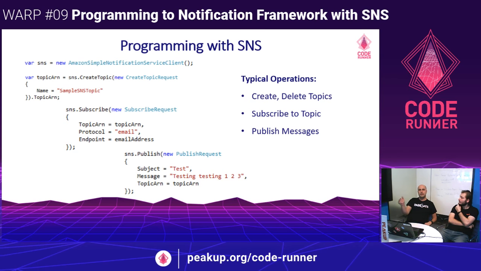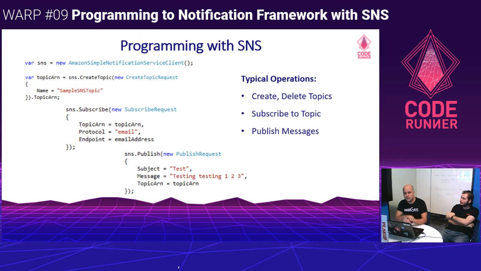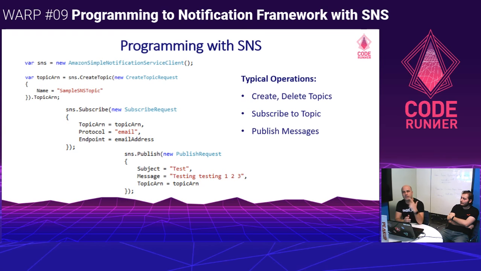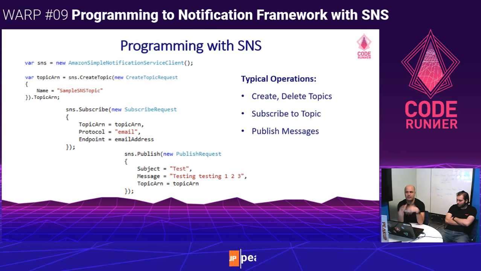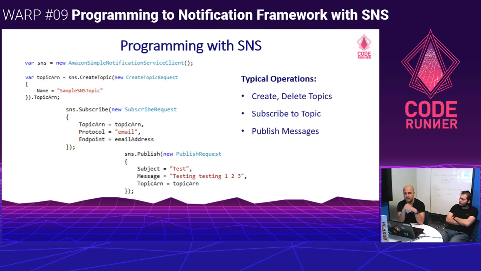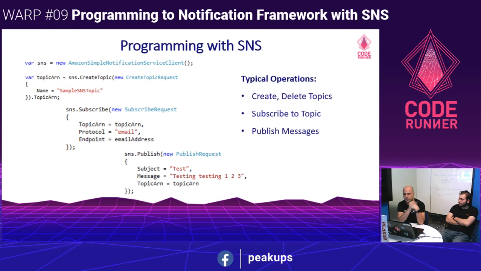In this NuGet package, you have one important client called the Amazon Simple Notification Service client. You can create topics, list topics, subscribe to topics, and publish messages using this client. It has very simple usage, so it doesn't take a lot of time to code with Simple Notification Service.